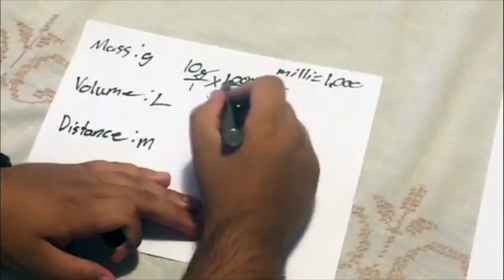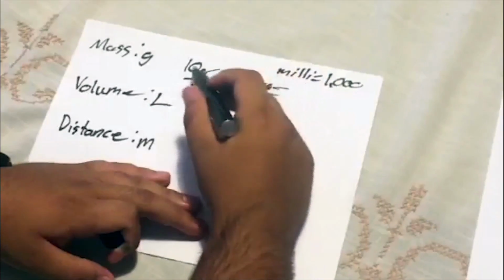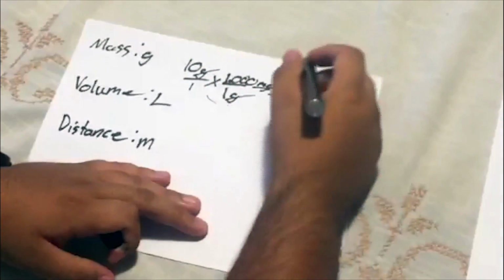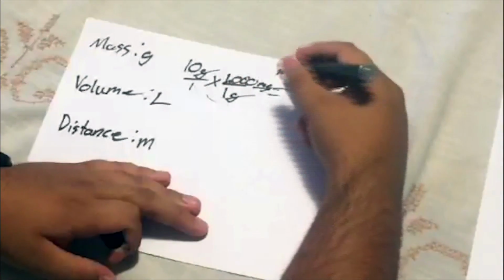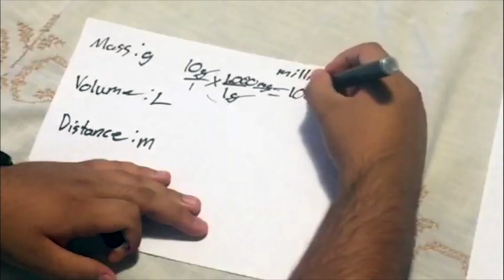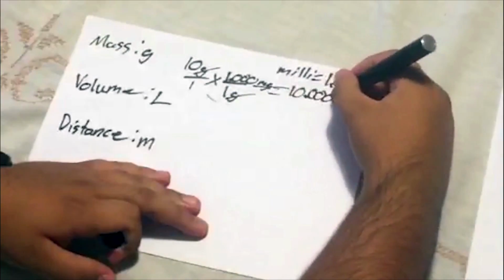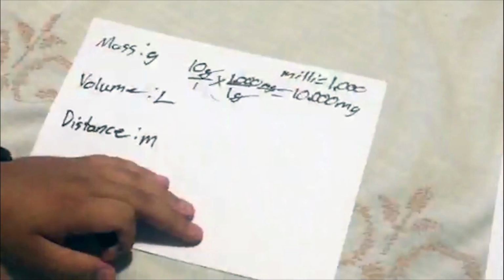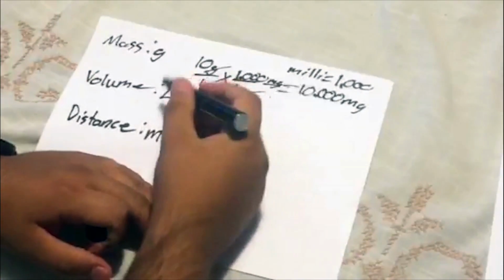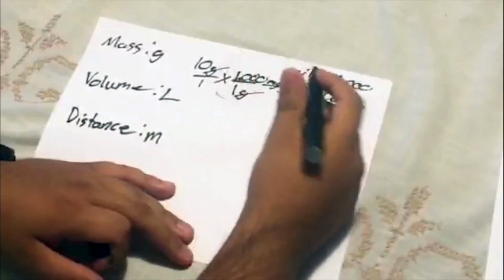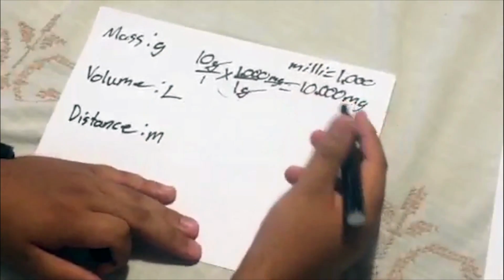Since this is my key, after I cancel out both grams, all I have left is milligrams. So 10 times 1,000 is equal to 10,000. Since this is the only one left, milligrams. The same can be done for every single unit, and it goes backwards and forward as well.